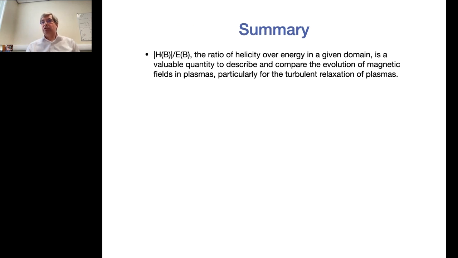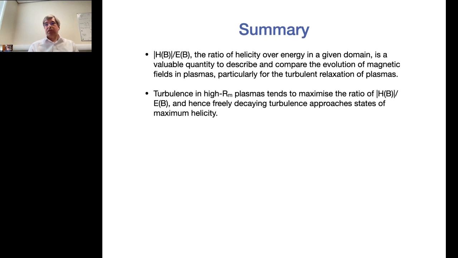I hope I've shown you that the helicity over the energy is a good quantity to describe and compare evolution of magnetic fields in plasma, and in particular in the turbulent relaxation of a high Reynolds number plasma, we tend to maximize this ratio.